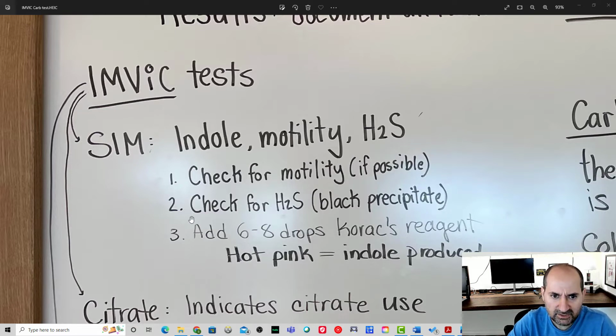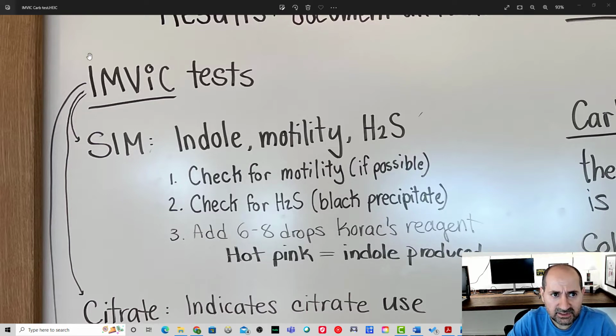You can check for H2S, hydrogen sulfide, which appears as a black precipitate. And by adding 6 to 8 drops of the Kovacs reagent, a hot pink color change is indicative of indole production. So you should know all of these things. The SIM test is a motility test, a test for H2S, and a test for indole production. And you should know that the reagent is called Kovacs reagent.